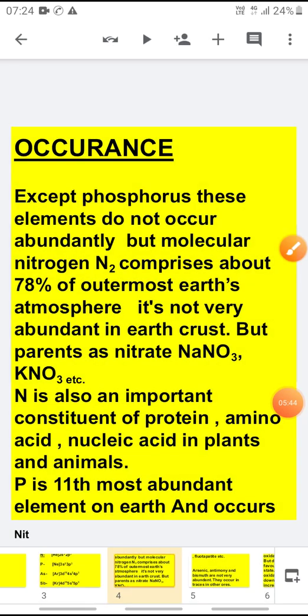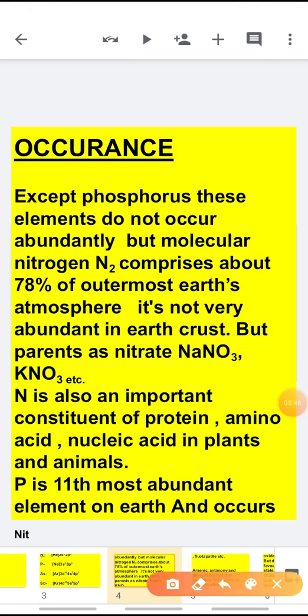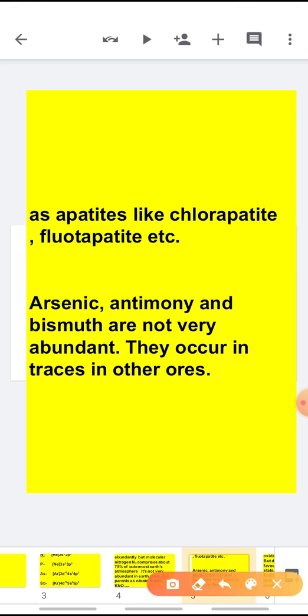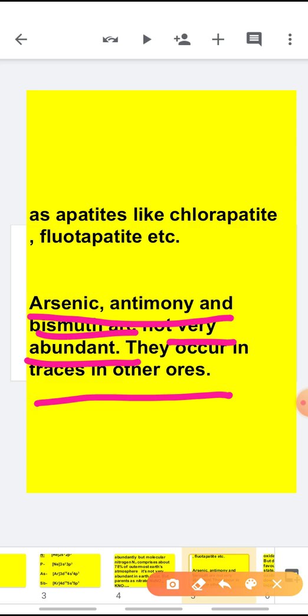Children, phosphorus is the 11th most abundant element on the earth, and it occurs in the form of the ores of apatites like chlorapatite, fluorapatite, etc. Now, arsenic, antimony and bismuth, they are not very abundant. They occur in traces in other ores.